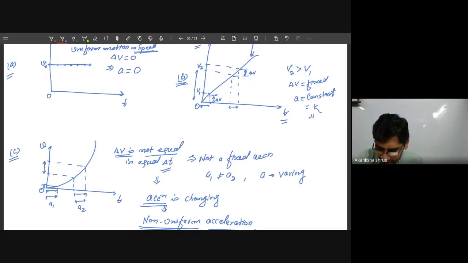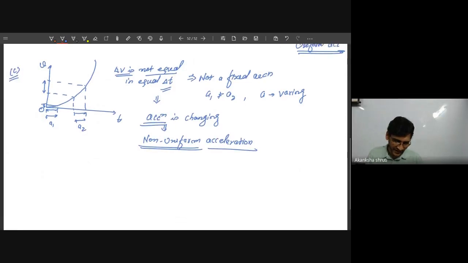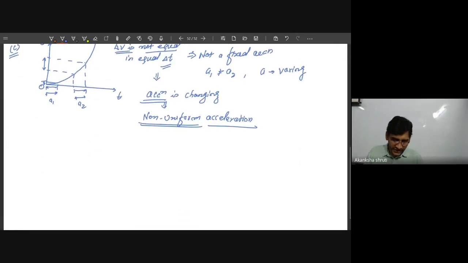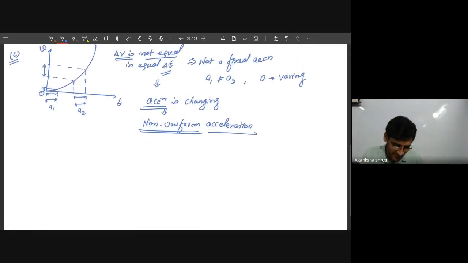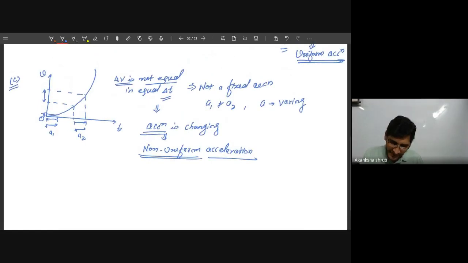So B was the condition for uniform acceleration. So student, whether it is asked which graph is for uniform acceleration or non-uniform acceleration, you can tell it varies. So these were the things that we have to keep in mind regarding acceleration.